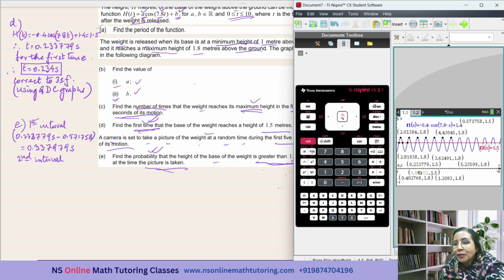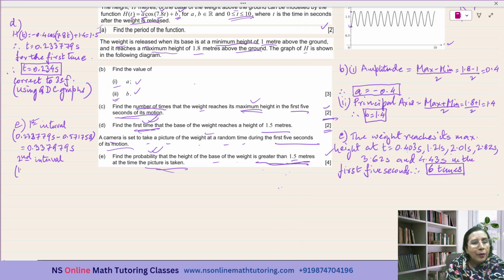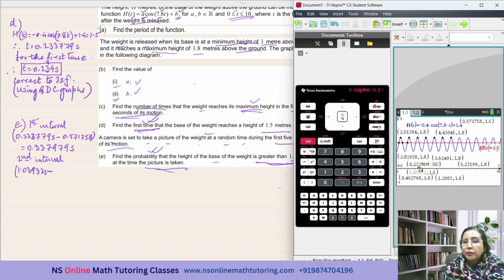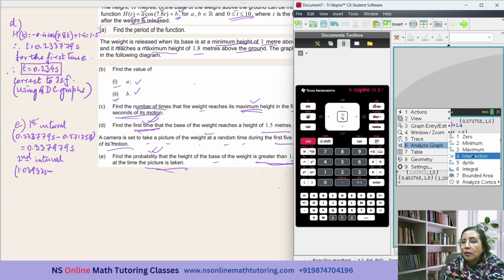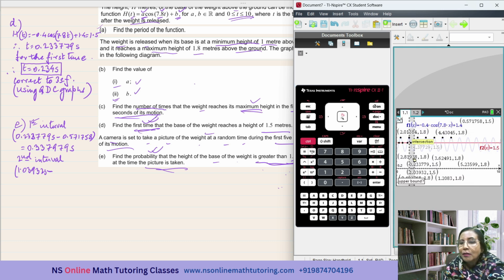Let me bring it over here. 1.03932 seconds. Then the fourth point, intersection, really hard. Okay, 1.37729.